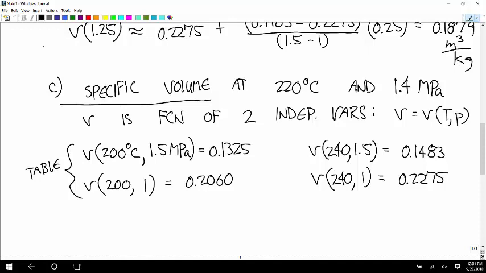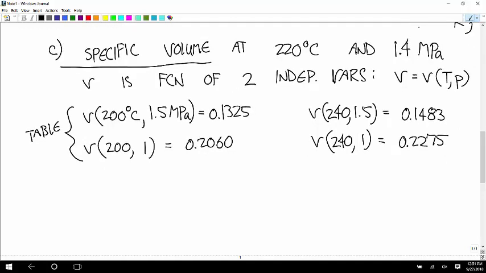And so now we're going to do this in 3 steps. I'm going to first calculate the specific volume at 220 degrees Celsius and a pressure of 1 megapascal.